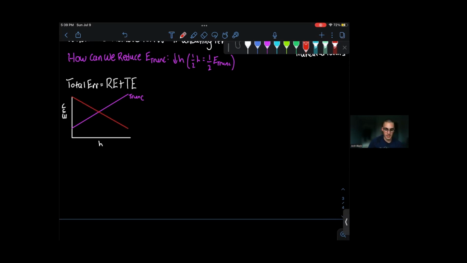We also know as we increase the step size, we're going to have less round-off error because there are less, but we have larger terms, meaning less stuff to round. Now you can see there's a point if we add these two together where we get a certain minimum right here. This means at this minima, there's an optimum step size that we have that minimizes our error.